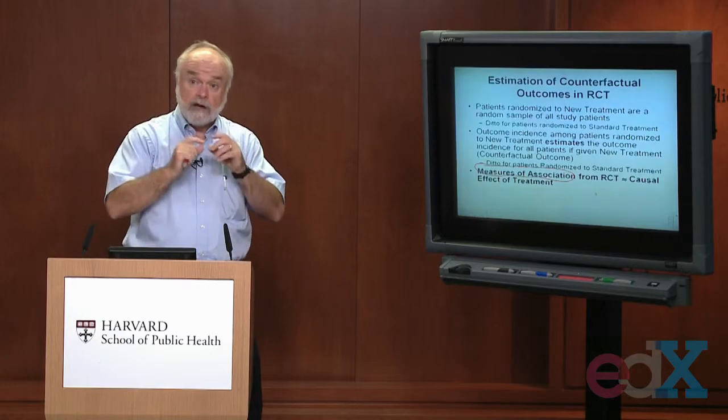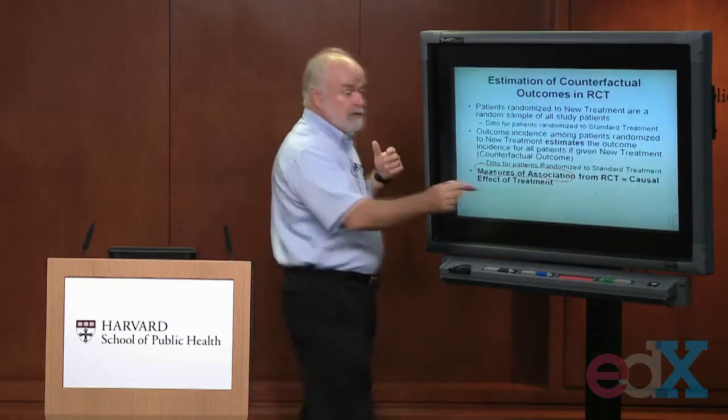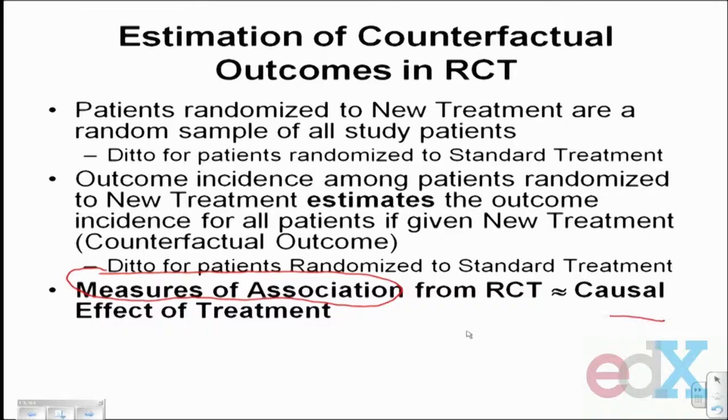And because these are random samples and because the incidence rates, cumulative incidence, odds that are measured in each randomized group estimate what would happen to the entire population if everyone received treatment or everyone received standard of care, these measures of association from RCTs should estimate very well the true causal effect of a risk factor on an outcome. That's why we epidemiologists do randomized controlled trials.